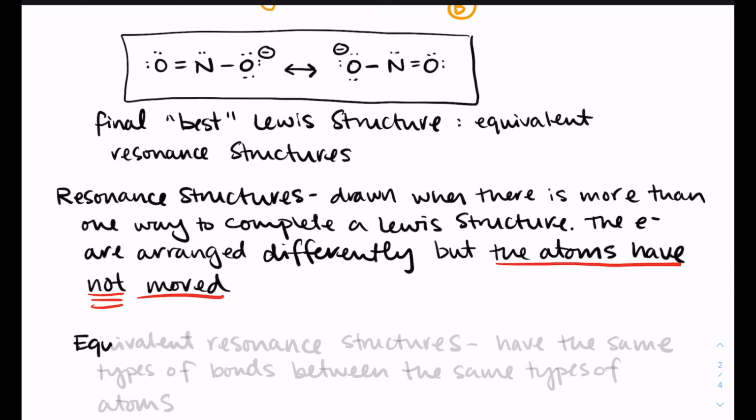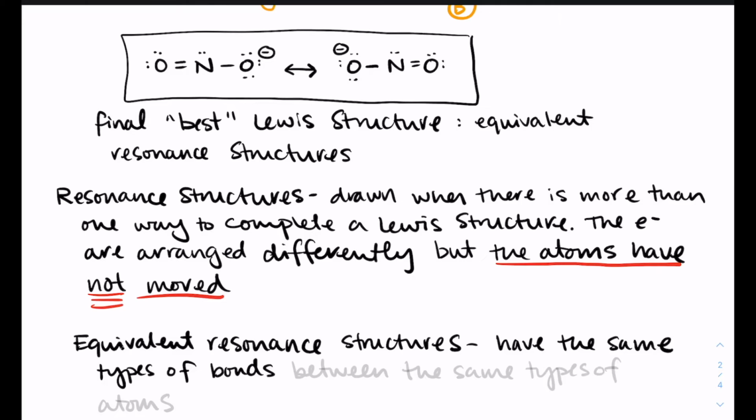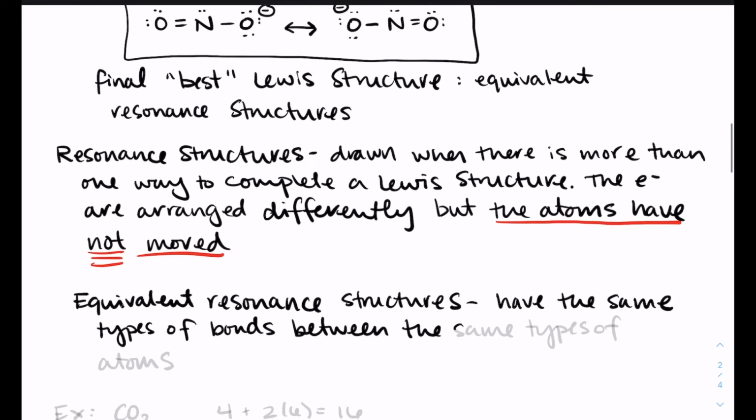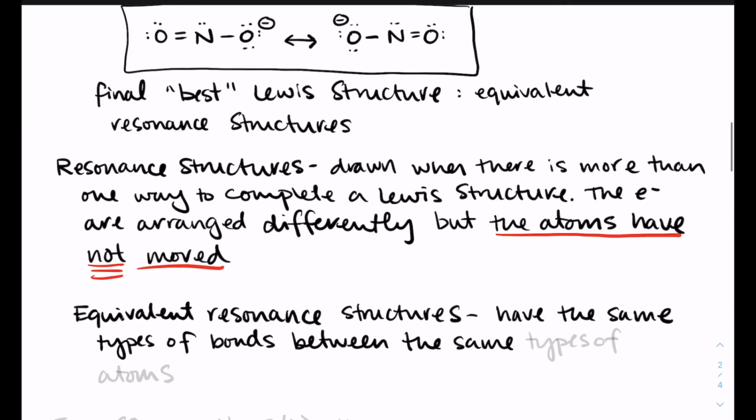You can have resonance structures that are not equivalent. They also don't all have to be the best Lewis structure. It is possible to write a different arrangement of electrons that is bad or just not as good. We're going to shoot for the best Lewis structure when we do ours, but you might see some of these non-equivalent or not the greatest resonance structures on the way.